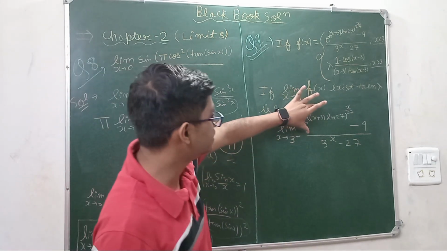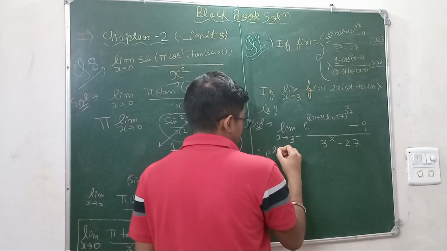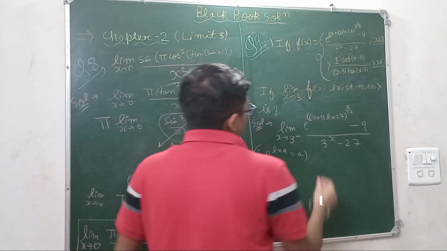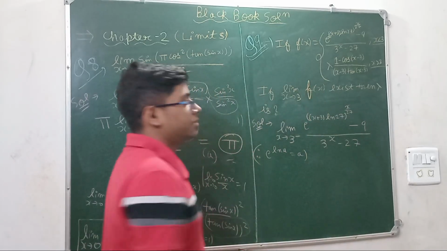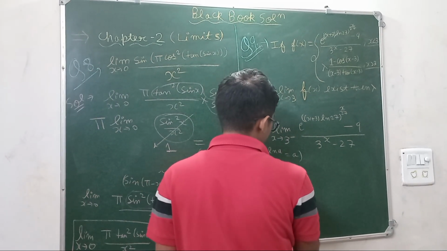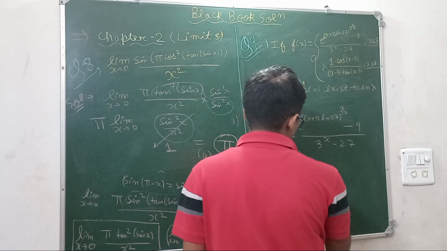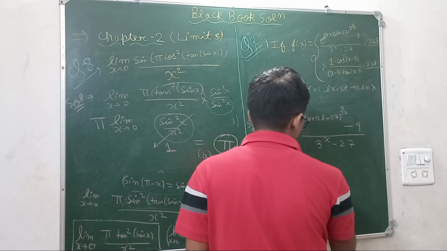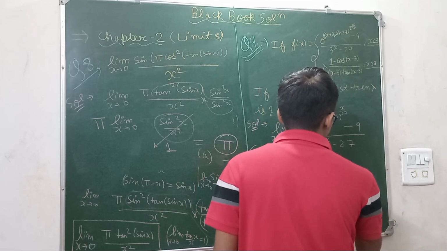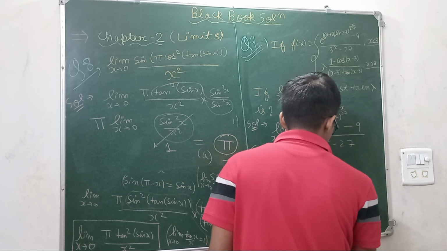First of all, see this e to the power something. You have to remember only one property here: e to the power ln a is always a. We are applying the same here. Ln 27 means this must be in the power of 27, then only this has come forward. So this will be limit x tending to 3 of e to the power ln 27 to the power x plus 3 and x by 27, minus 9 upon 3 to the power x minus 27.